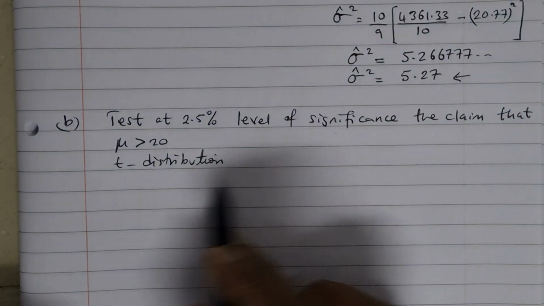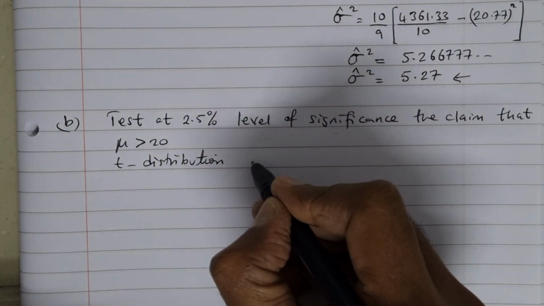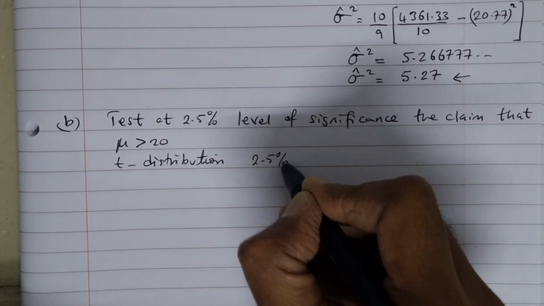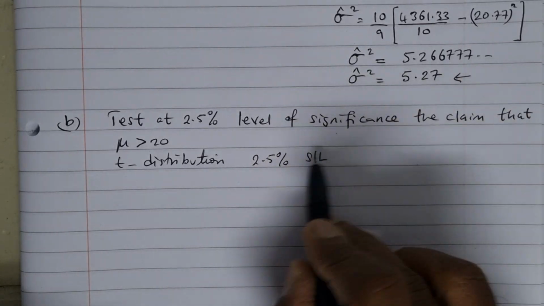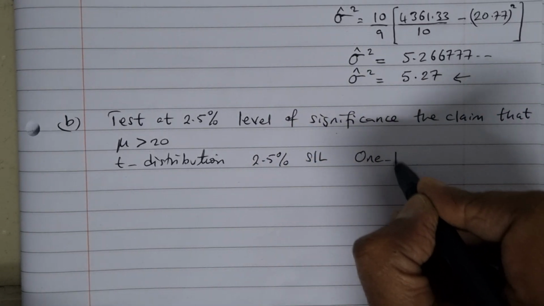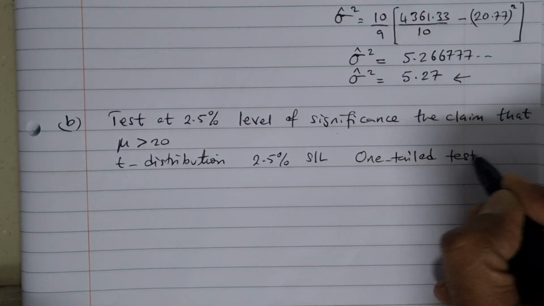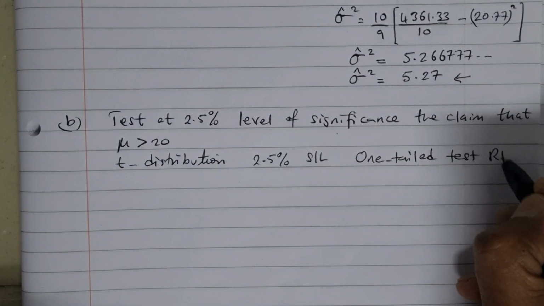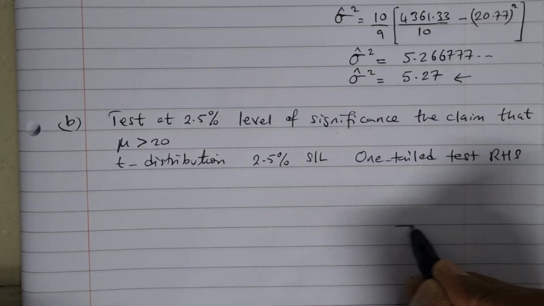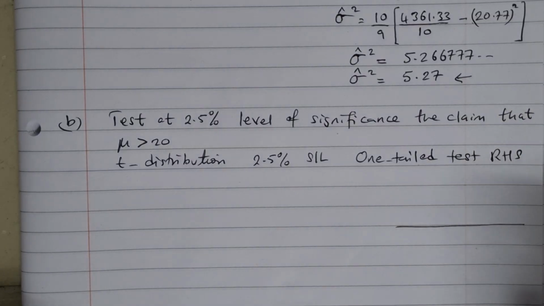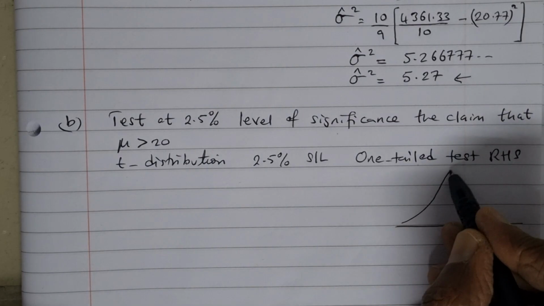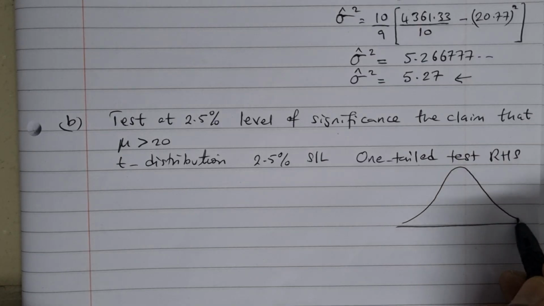Yes, a t-distribution, and with a 2.5% significance level, we're looking at a one-tailed test, to the right hand side of the distribution curve.